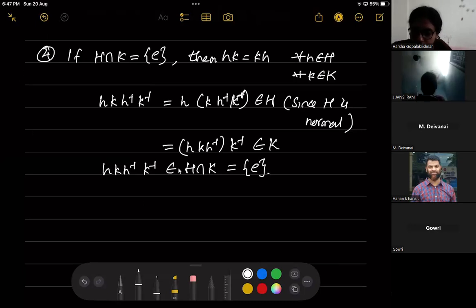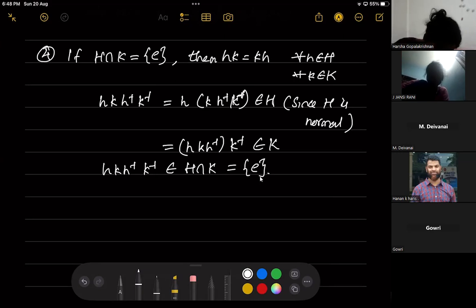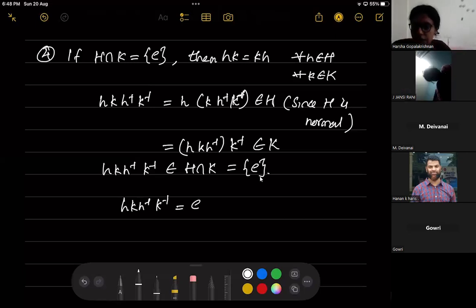So we got an element in H intersection K, but H intersection K is only identity. Then what should this element be? It is an element in this set, and e is the only element in that set. So the only possibility is that it is the identity element. So h k h inverse k inverse equals identity.